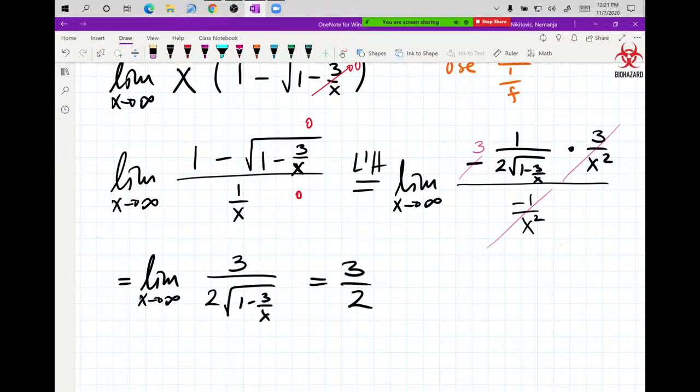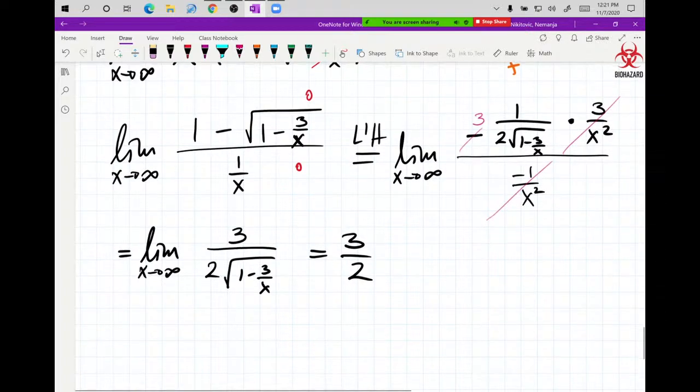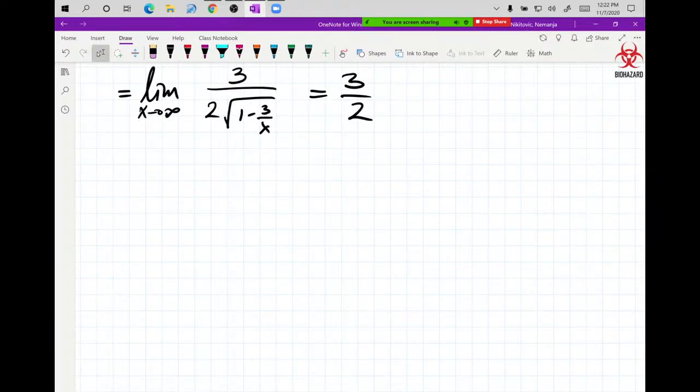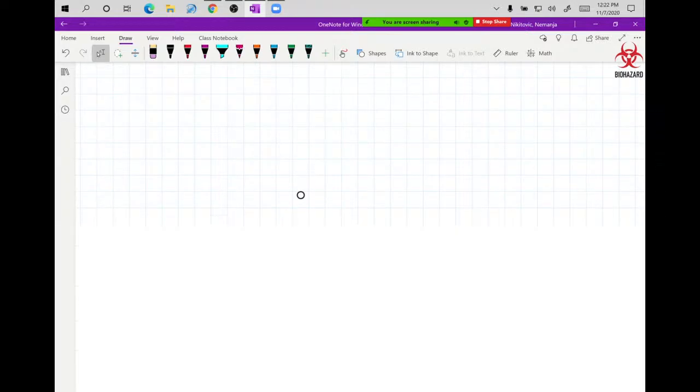So be very careful with these derivatives, and it's always, always, always good to memorize them because they show up a lot, and they just make a lot of mess if you have to keep computing them every time.